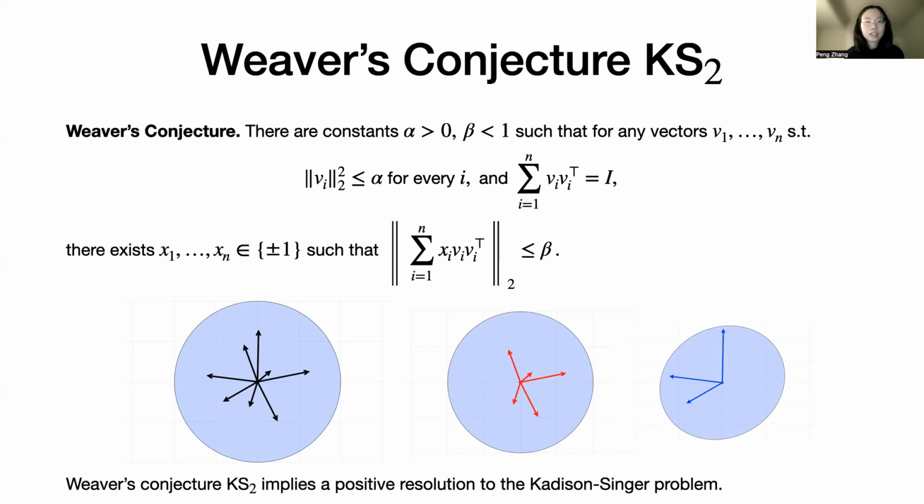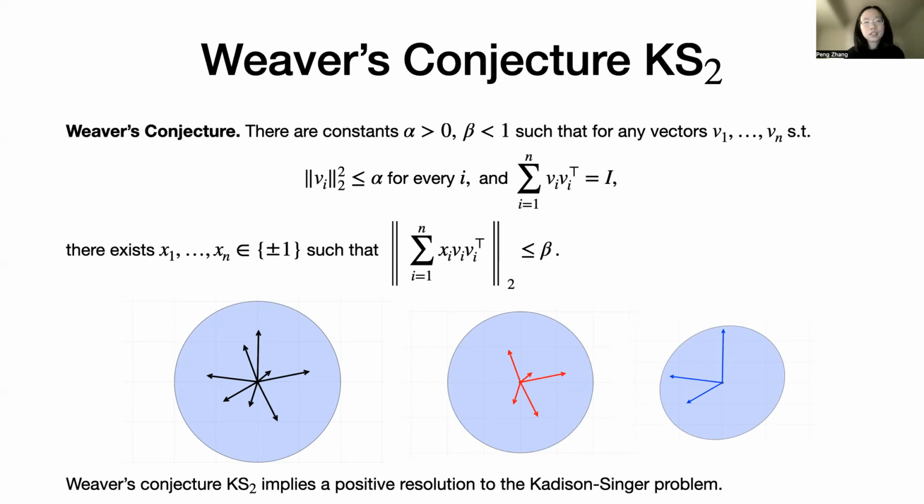And the second condition is that the sum of vi vi transpose equals the identity matrix. There exist signs x1 dot dot xn, each with value -1 or 1, such that the spectral norm of the sum of xi vi vi transpose is upper bounded by the constant beta.